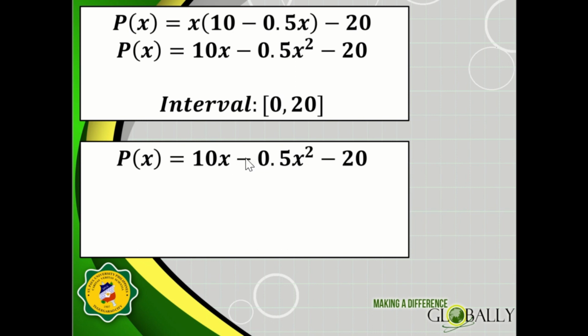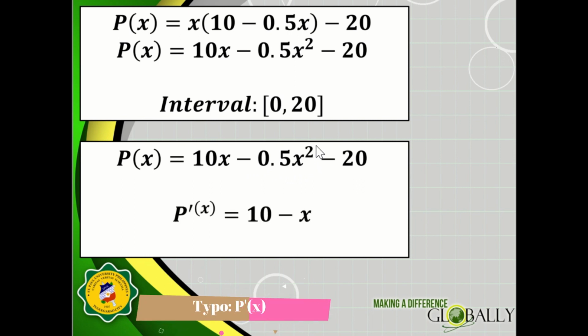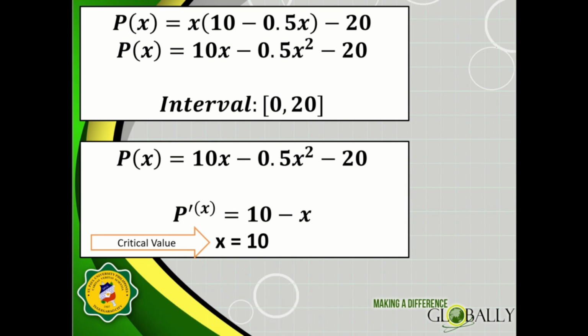How about the derivative of negative 0.5x squared? Very good, it's negative x. So we have P prime of x equal to 10 minus x. To find the value of x, we set it equal to 0, and transposing negative x to the other side, we obtain x equal to 10. And this 10 here serves as our critical value.